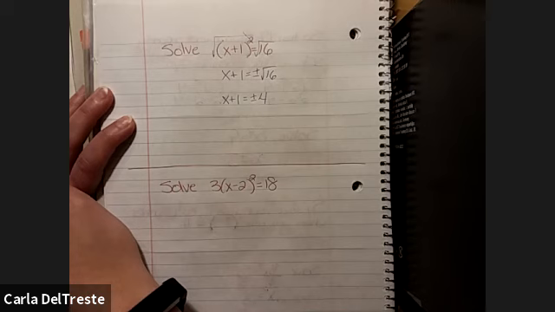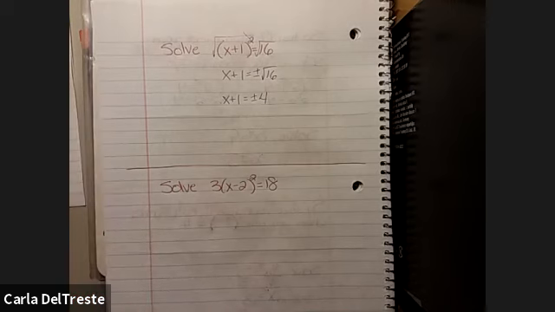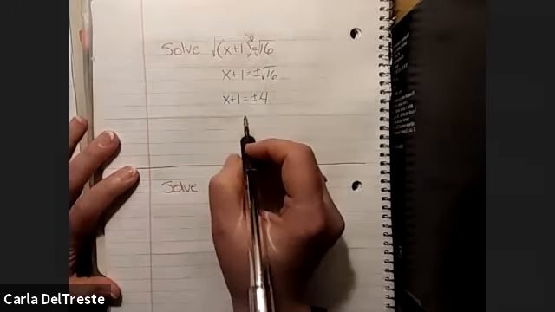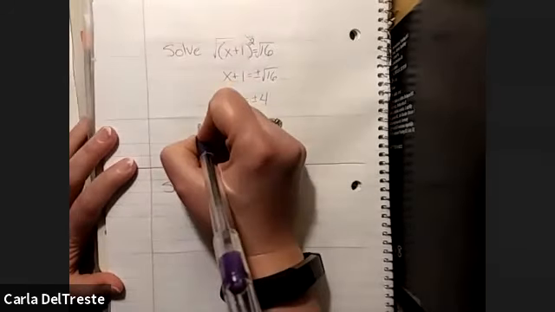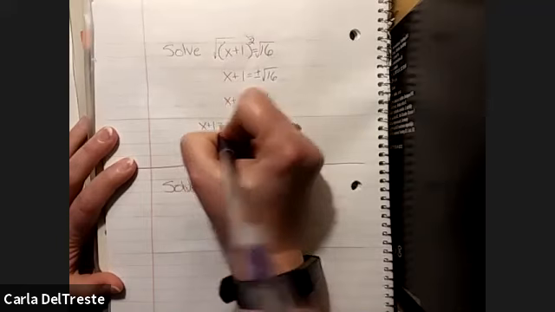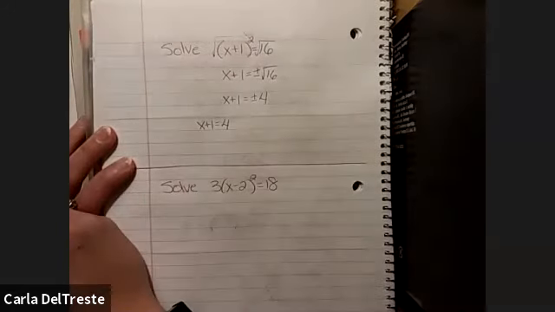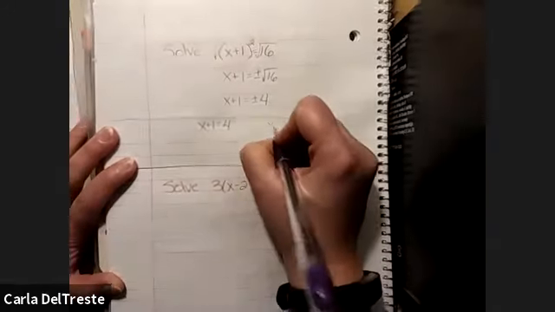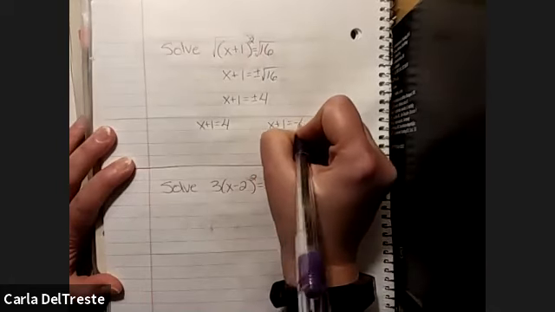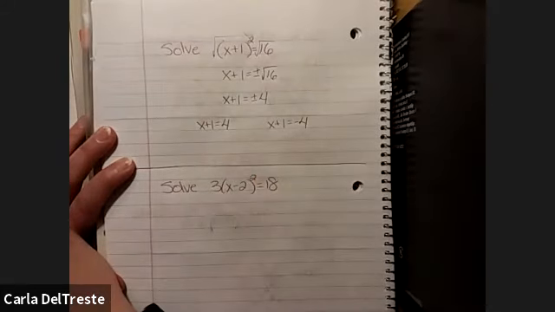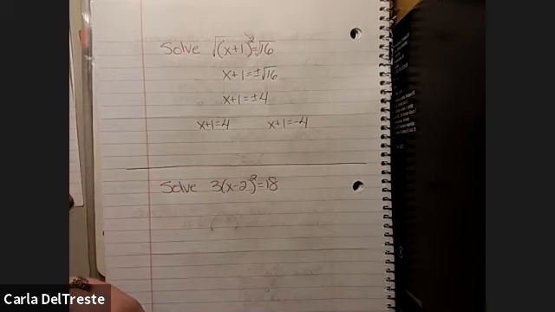So this is going to be a positive or negative 4. But now this results in 2 different equations that I have to solve. Either x plus 1 equals positive 4, or x plus 1 equals negative 4. And I'm going to have to solve both of those mini equations.